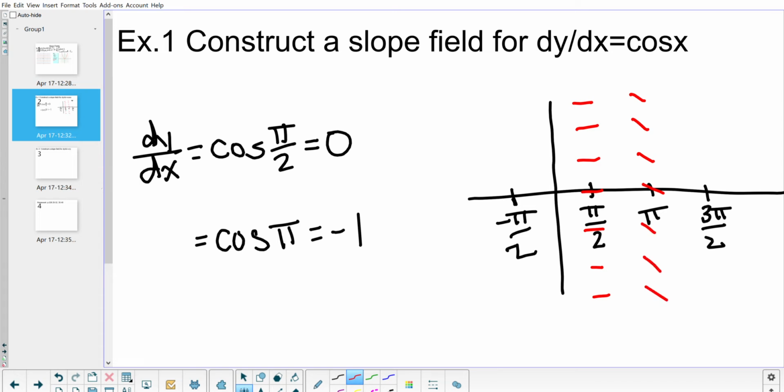Okay, what about at 3 pi over 2? Well, at 3 pi over 2, the slope is also 0. So I'm going to have this 0 slope again.